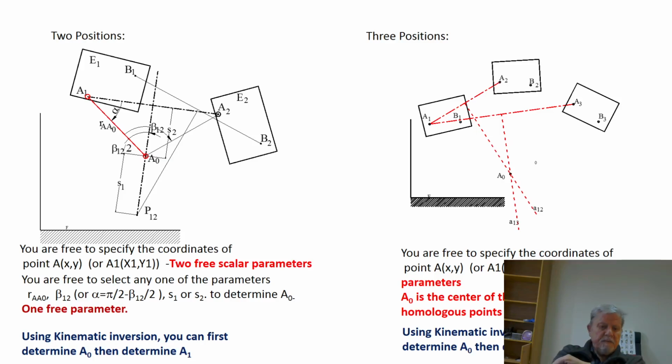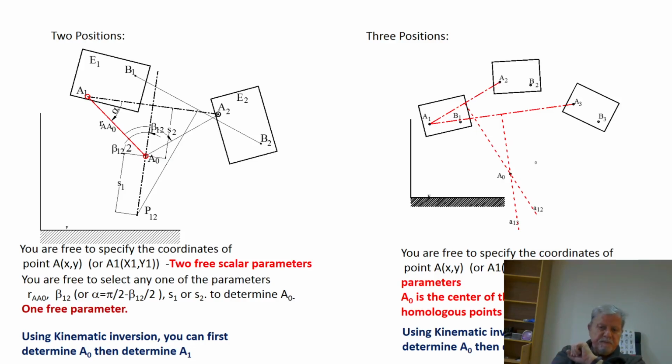And using kinematic inversion, you can determine A0 first and then determine A1 on the perpendicular bisector to A0, A0, 2. Now, we have one pole for two positions and an angular rotation phi12 about the pole. Those are the invariants.